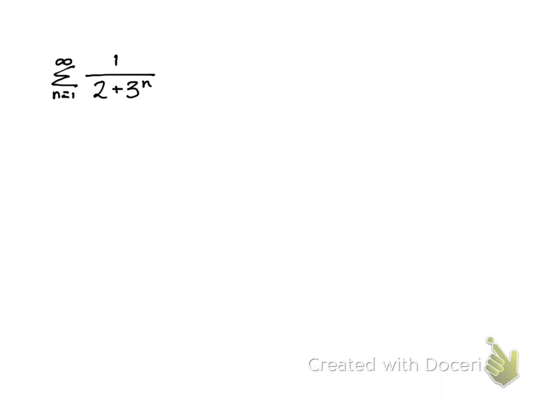And I can quickly look at that and see that if I do the nth term test, if I take the limit as n approaches infinity of 1 over 2 plus 3 to the n, I'm going to get 0, which is inconclusive.